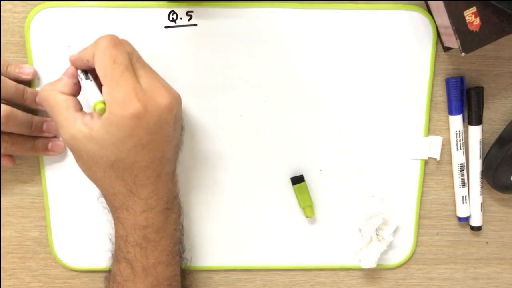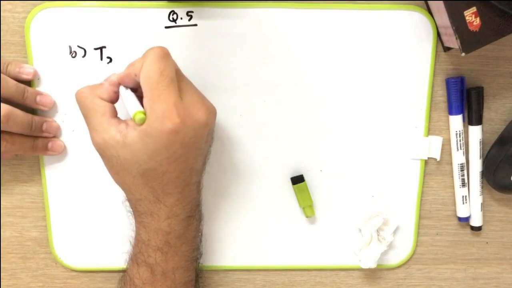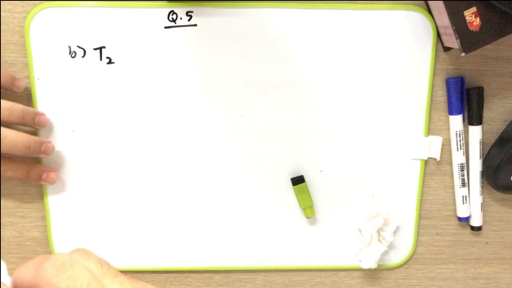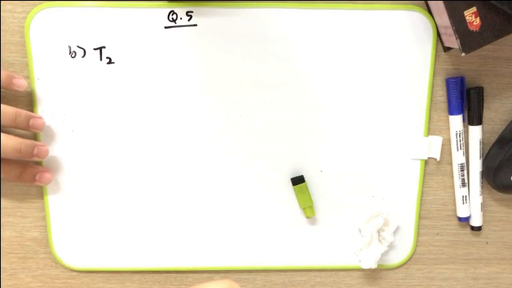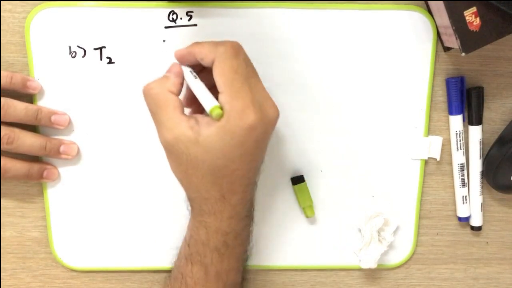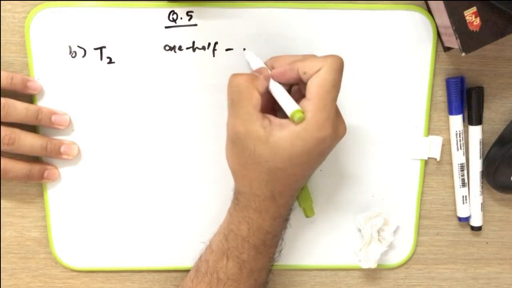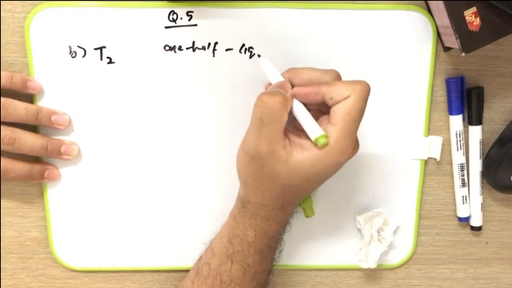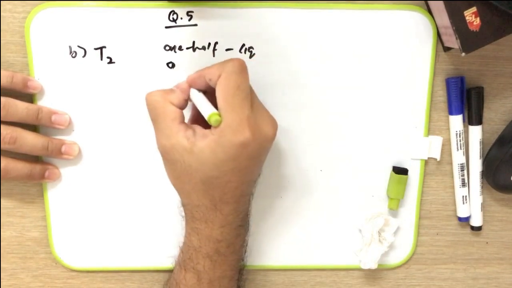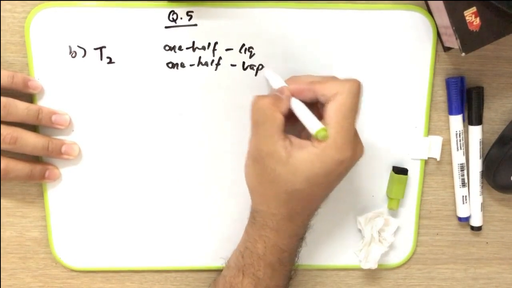Right. Question B, we need to find the final temperature, which is the temperature at state 2. In state 2, you are not given any info except that it condensed 1/2 of the mass. So 1/2 is liquid, basically when it condenses it is in liquid form, and another 1/2 is vapor.